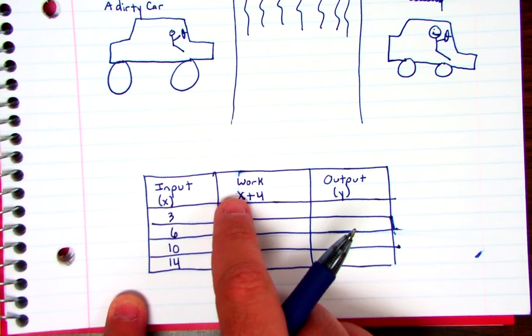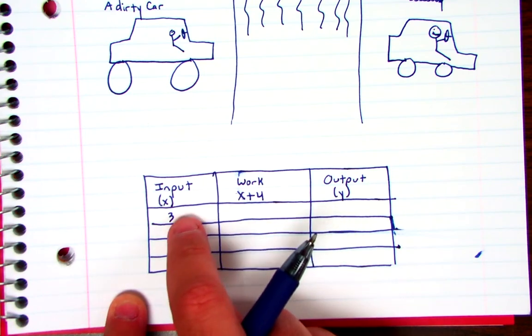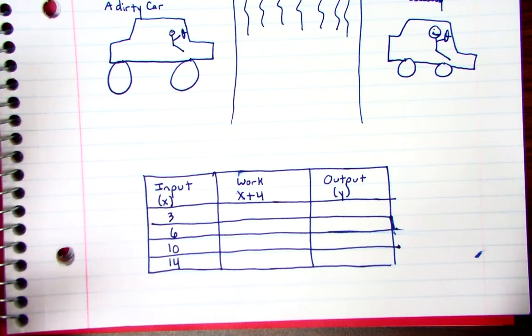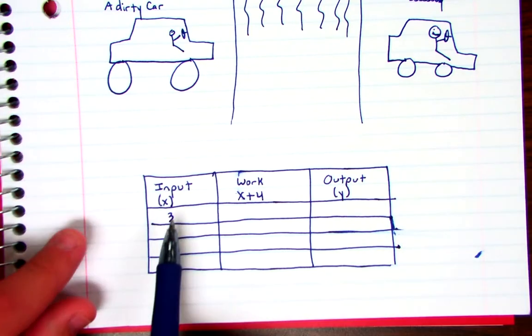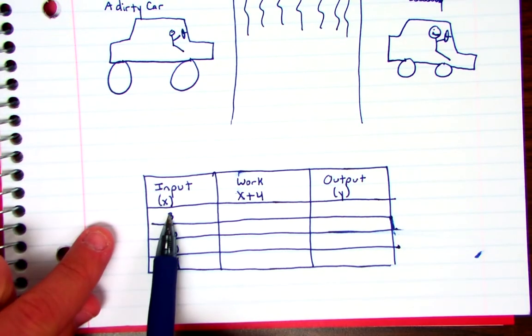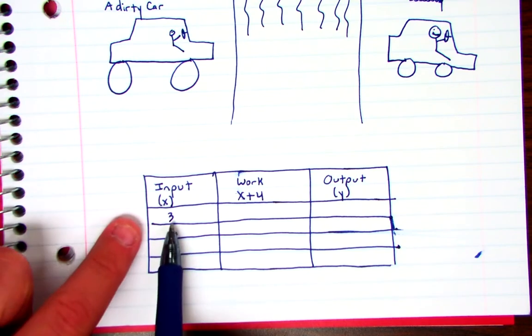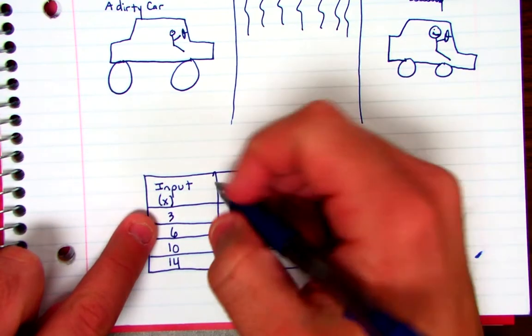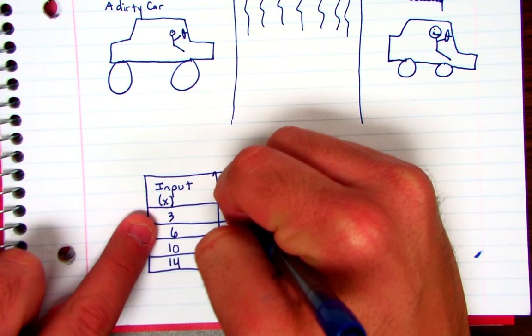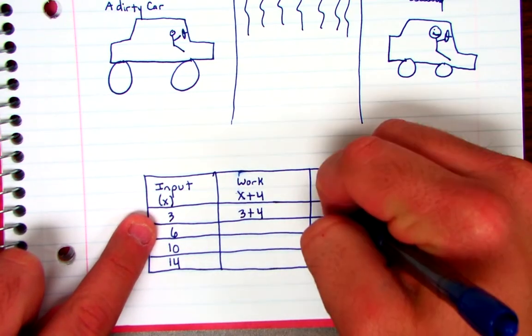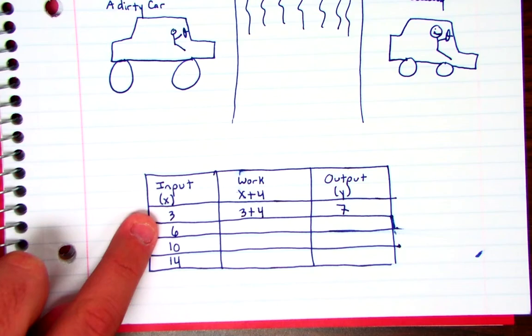So instead of x plus 4, I'm going to plug in the 3 for x. But Mr. Nolan, why are you plugging in the 3 for x? Well, here's my x value, right? All these numbers right here will represent my new x values. So instead of x plus 4, this is now 3 plus 4. So what is 3 plus 4? Well, it's 7. There's your output.